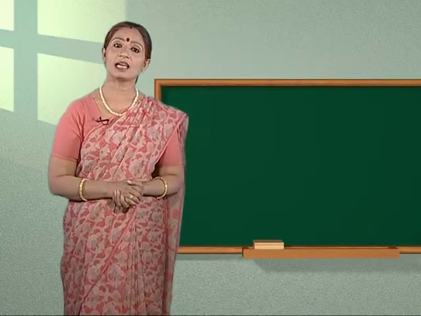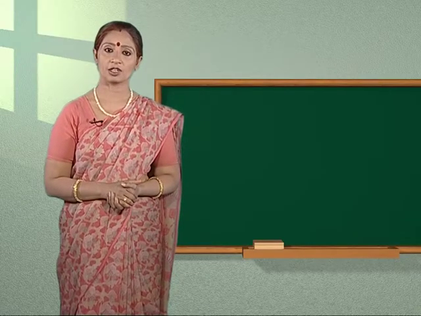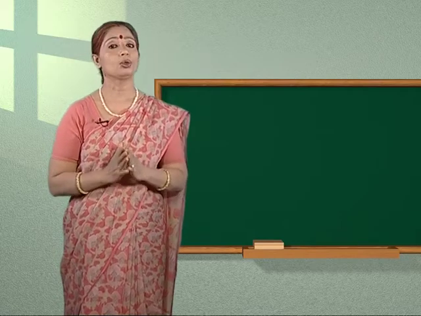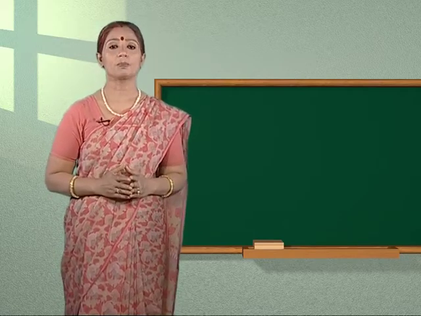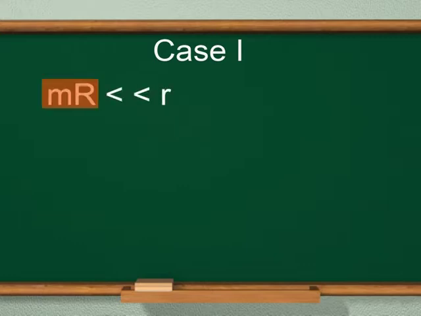Students, just like the case of series combination, there can be two special situations for parallel combination as well. The first of them is that the resistance of the external resistor in the circuit be very small as compared to r.